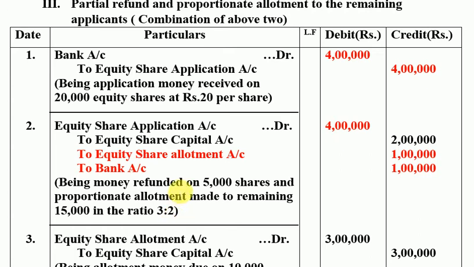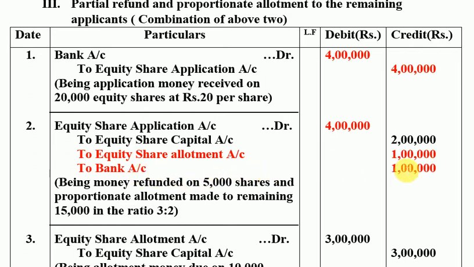This equity share capital is on 10,000 shares into 20 rupees, which makes it 2 lakh. Hope this is clear. There's no change. Now, equity share allotment is on 5,000 shares into 20 rupees, which makes 1 lakh. And to bank is also on 5,000 shares into 20, which is rupees 1 lakh.